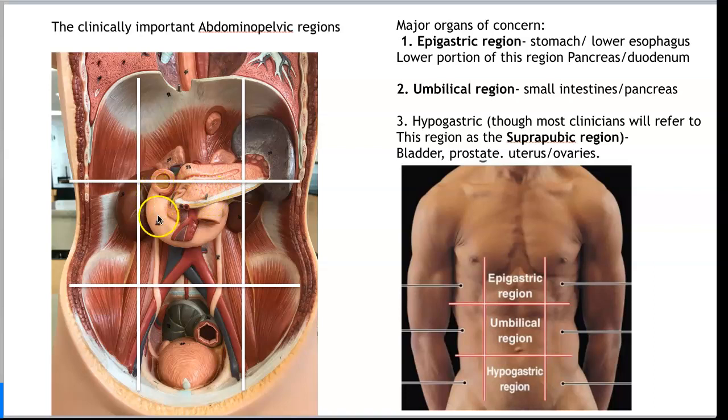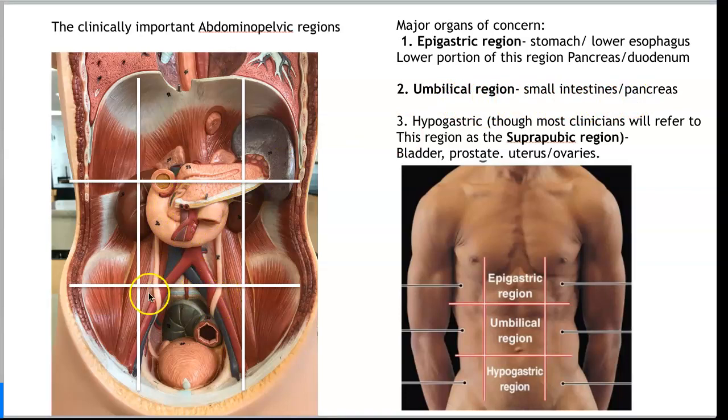And then the duodenum, the first part of the small intestines, you can get a duodenal ulcer. These ulcers are real common because acid from the stomach is being dumped straight into this first section of the small intestines. So umbilical region, small intestines, and the pancreas.